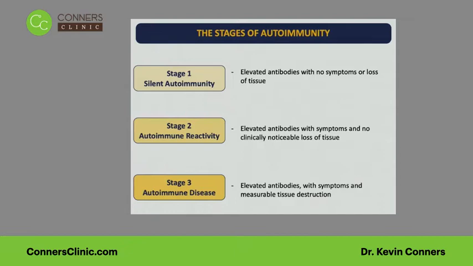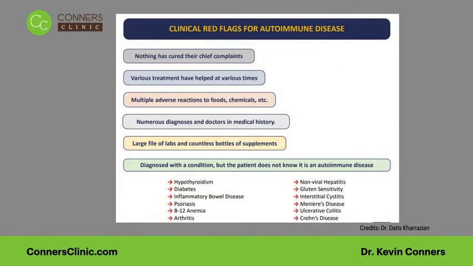So you're really moving them backwards in a way and trying to keep them there. You're basically trying to manage this to keep it in a more silent state, and teaching the patient how to understand this and how to self-manage it. That's really the goal in treating autoimmunity. It's not in making autoimmune disease go away.